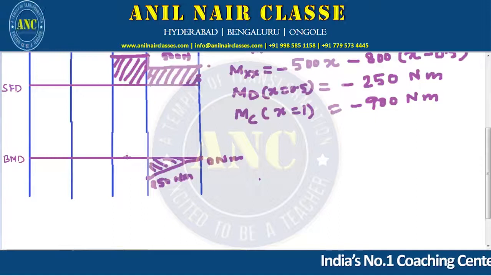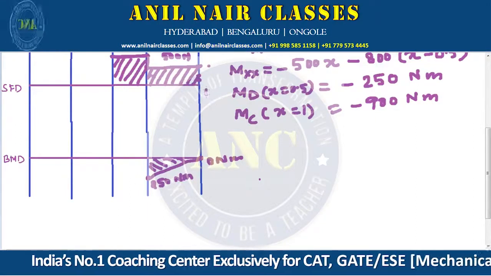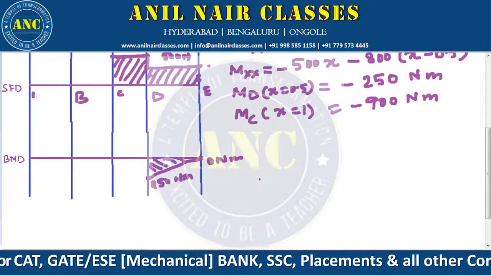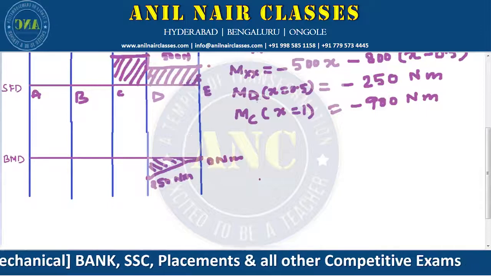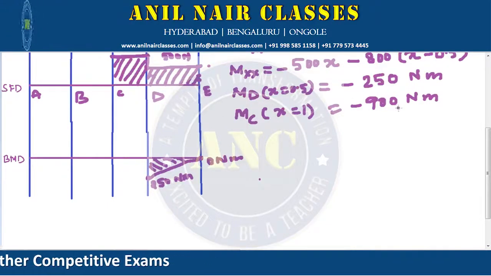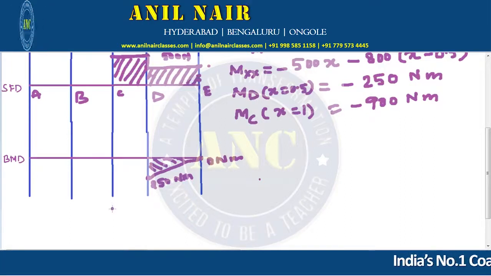Similarly, when we go to this, I should write it. This is E, D, C, B, A. So no confusion. So M at D is how much? Minus 250. Yes, it is there. C is 900. So 900 should be a little more. Say 500. So 900 is here.